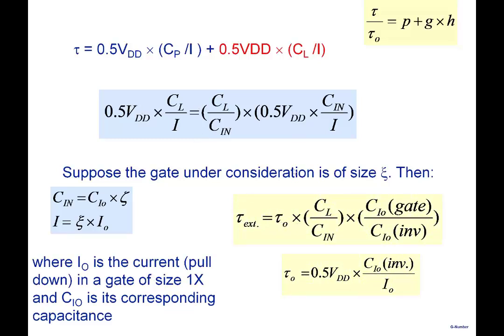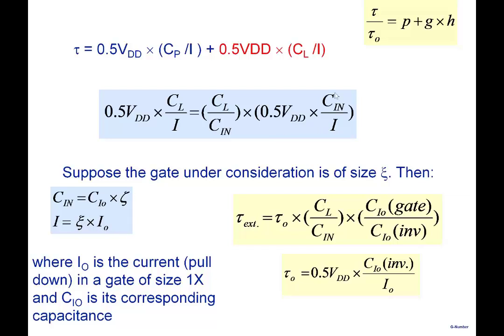So I can write this down now in this particular form. Tau 0, CL by C in is here. Note that C in I write as Ci0 multiplied by this factor, and I write I as I0 multiplied by this factor.